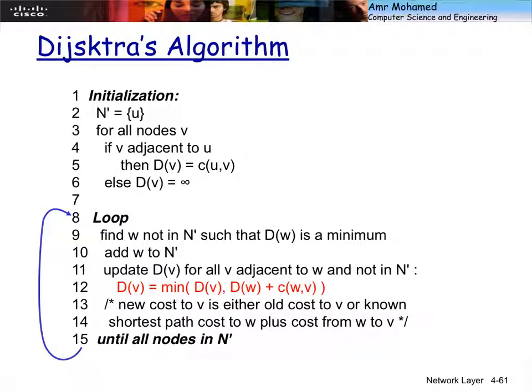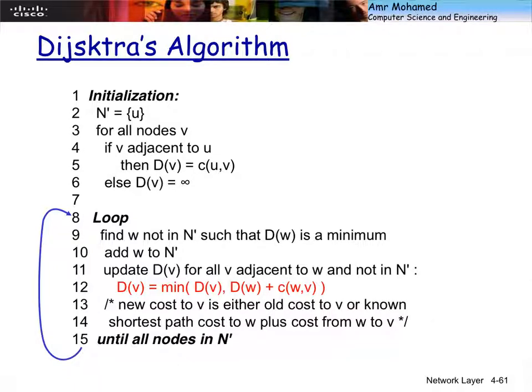Not the cost of a link, it is the total path cost, from U to a specific node. So initially, in the initialization phase, you can calculate D(V) easily for all the nodes that are adjacent to U. But the total path to all the nodes that are not adjacent to U, initially you will assume it's infinity.